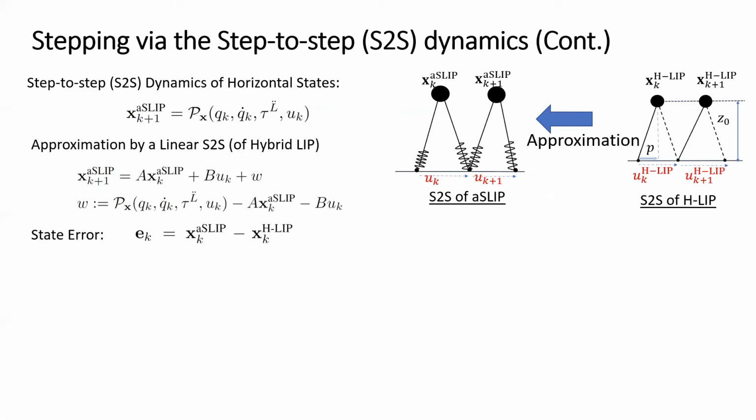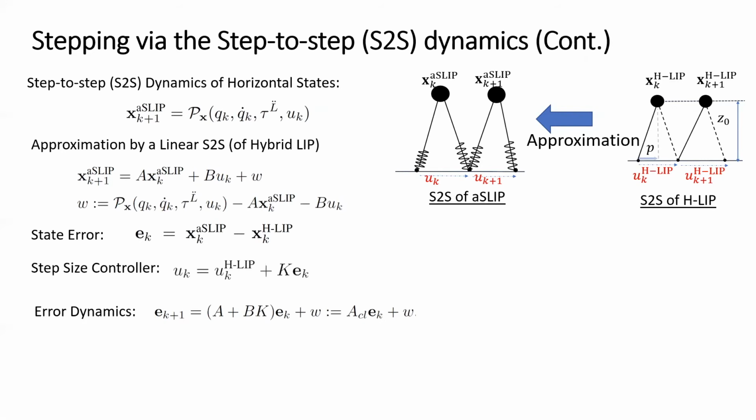If we define the error state to be the difference between the states of the two models and apply the step size controller, where u_H-LIP is the step size of the H-LIP and K is the feedback gain, this yields the error dynamics like this, where A_CL is the closed-loop dynamics and w is treated as disturbance.